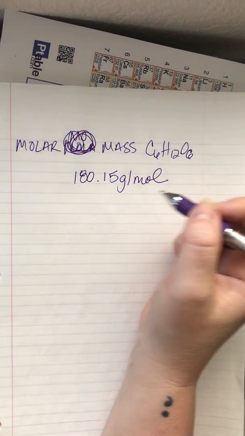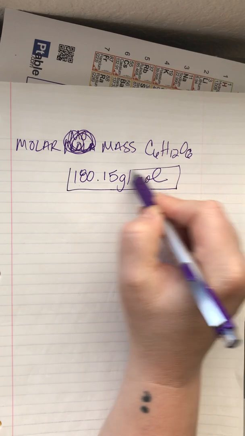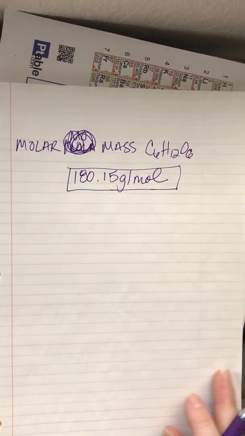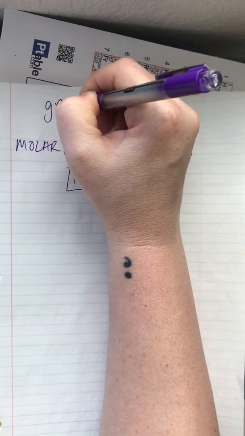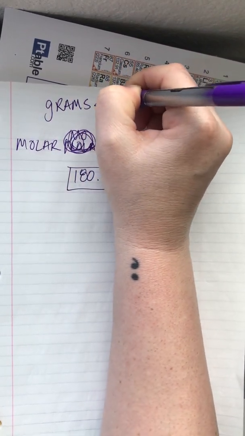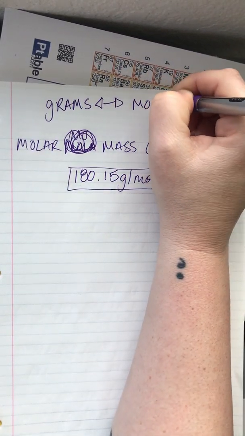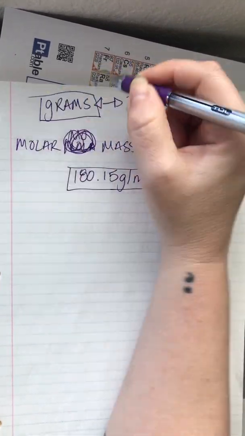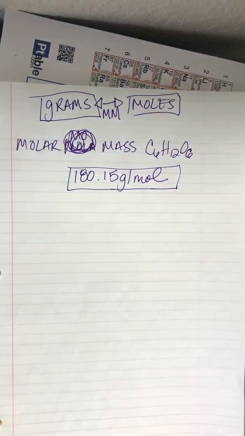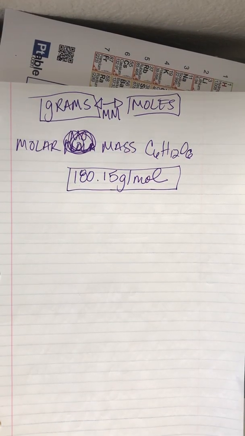Okay, so now this is the factor that's going to allow us to go from grams to moles, right? This molar mass is what we need to go between those two.